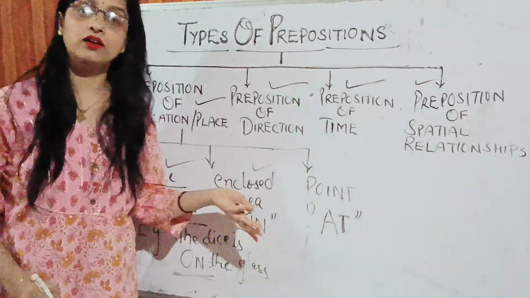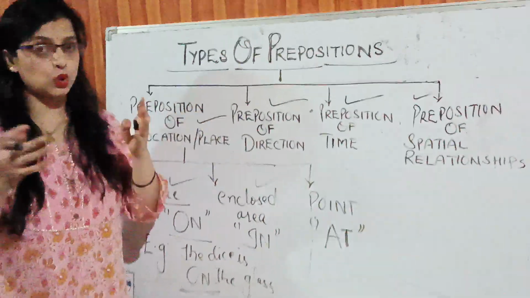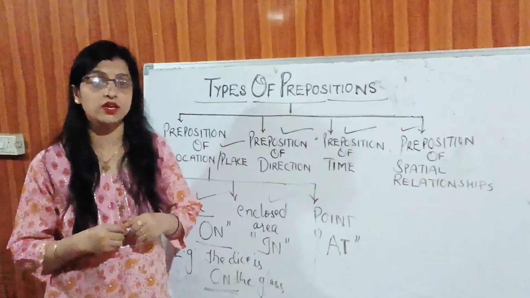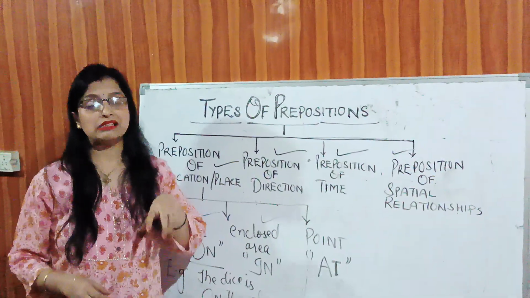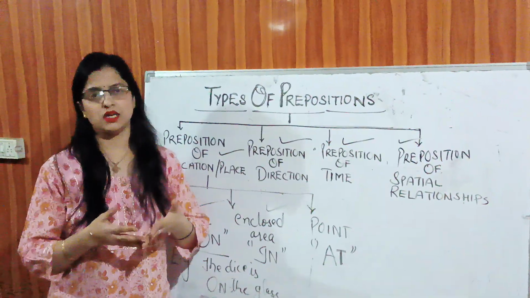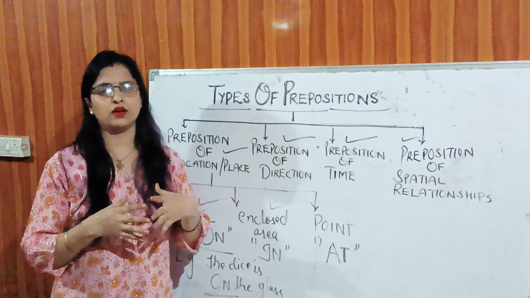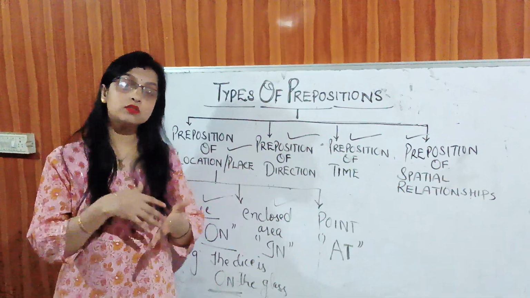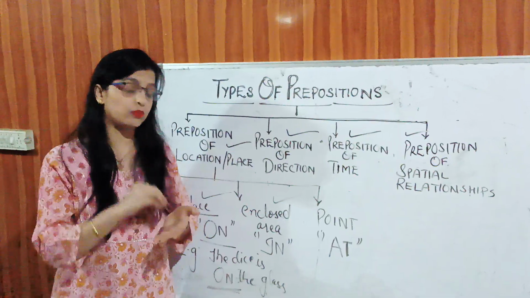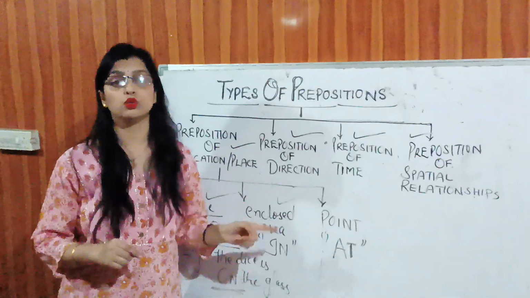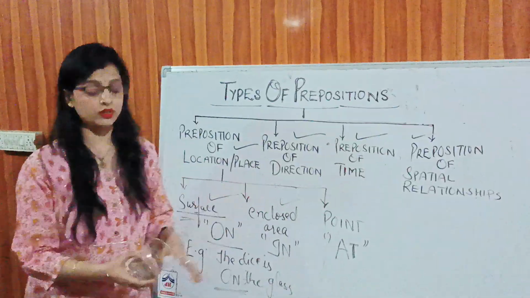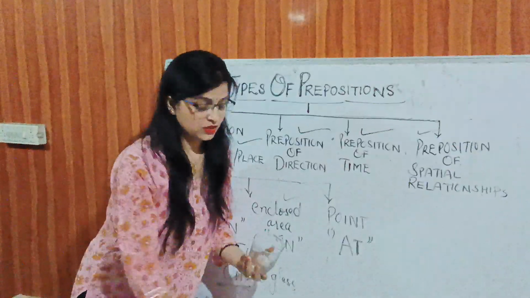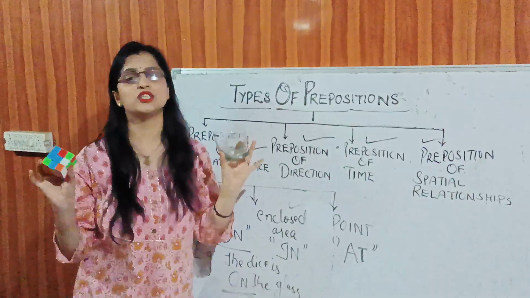So again we are indicating location, but on the basis of enclosed area. What is the meaning of enclosed area here? When one thing is surrounded by walls, or you can say surrounded from all the sides, at that time we have to use the preposition in to show the location of that thing. Again, we are going to do an activity with these two things.